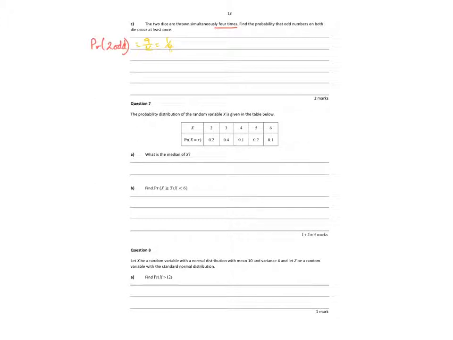At least once. And we know that the probability of x being greater than or equal to 1 is 1 minus the probability that x is equal to 0. It's 4 trials, so x is distributed binomially, 4 trials, probability of success 1/4. So it's going to be 1 minus, 4 trials, 0 successes: 1/4 to the 0 for a success, 3/4 to the 4 for a failure.